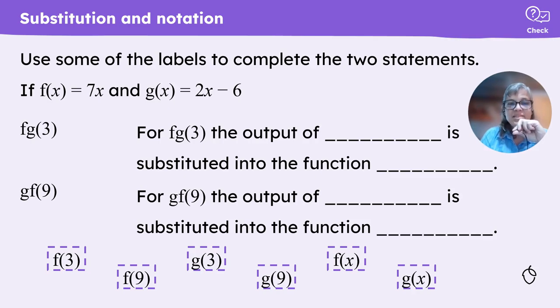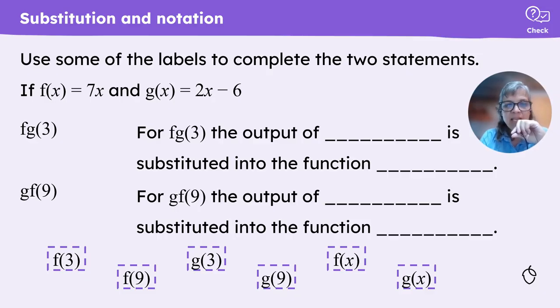Let's try another one that you can try to see if you can understand what you do first. If I have another function, f of x this time is 7x, and g of x is 2x minus 6. What would it be if I have fg of 3? What does that mean? What do I do?